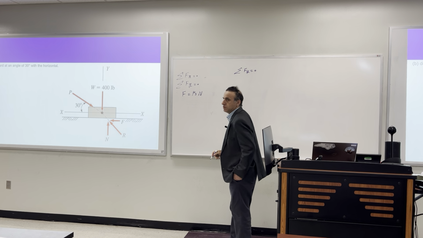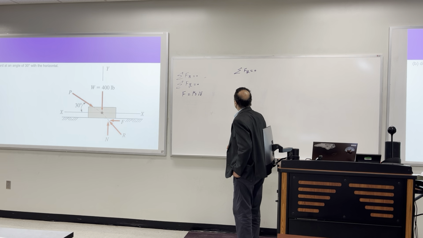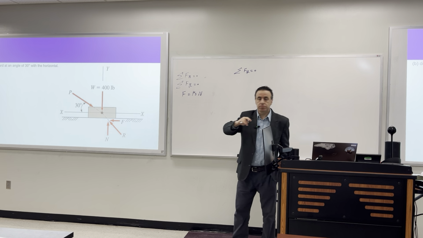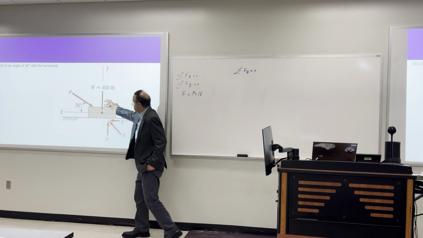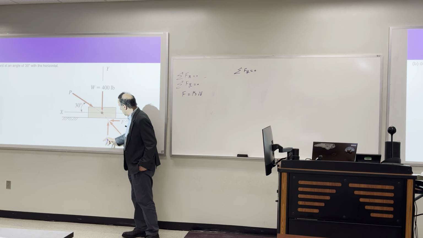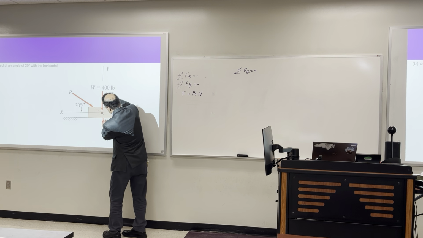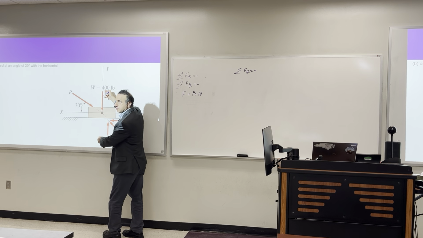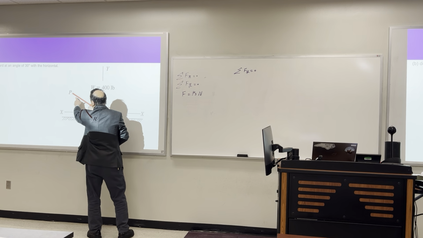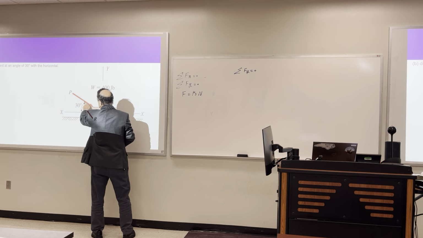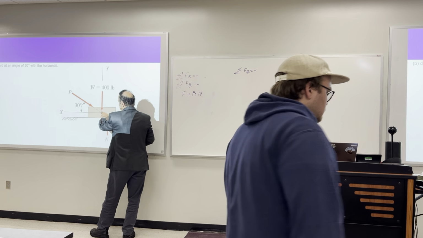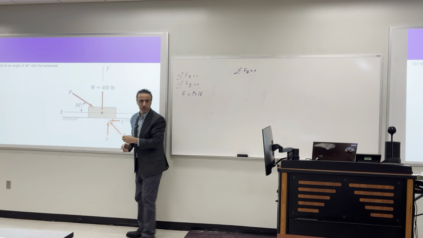Sum of Fy equals 0. What do we have in Fy? In the previous problem, we had only W and N, so N was exactly the same as this 400. But now you have P. P has an angle, so it has some component in the Y direction, and some of it is going to be in the X direction.